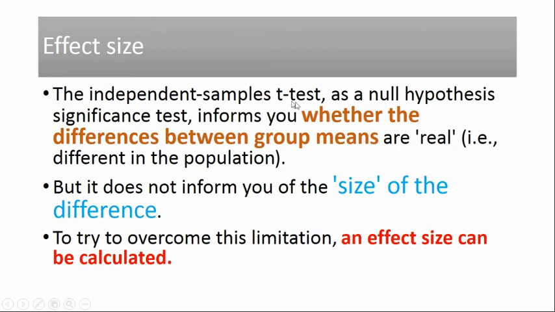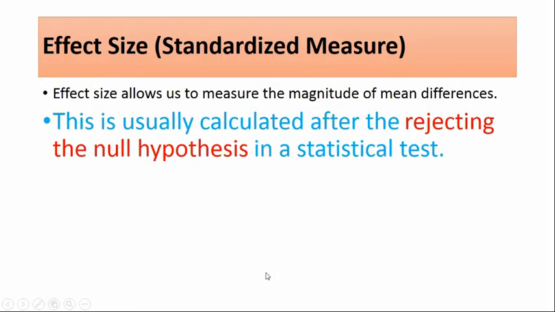The independent sample t-test, as a null hypothesis significance test, informs you whether the differences between group means are real, that is, different in the population. The test only tells us about the difference, but it does not inform you of the size of the difference. To try to overcome this limitation, an effect size can be calculated.